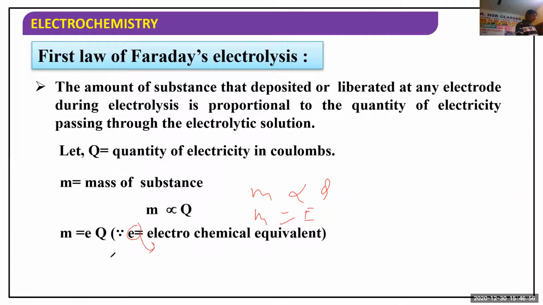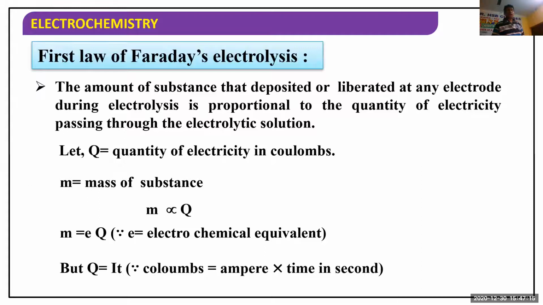Actually, small e denotes the electron, so we can also use capital E into Q, where E is the electrochemical equivalent. Okay, E is the electrochemical equivalent.